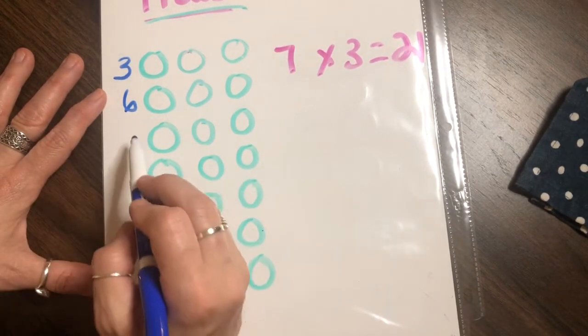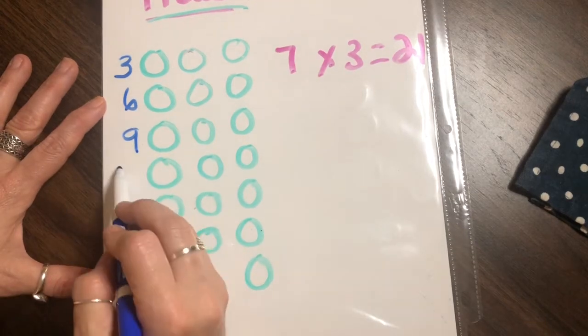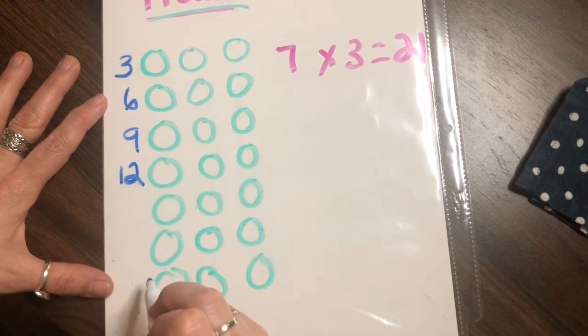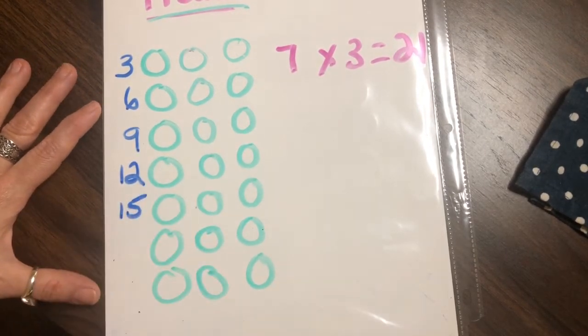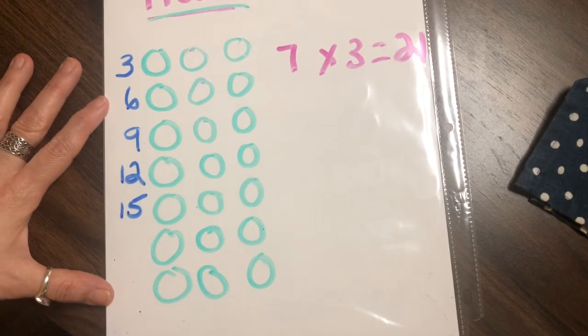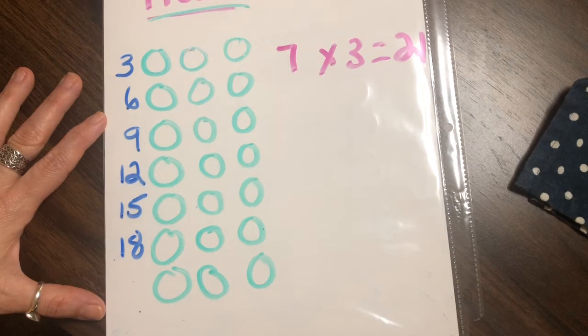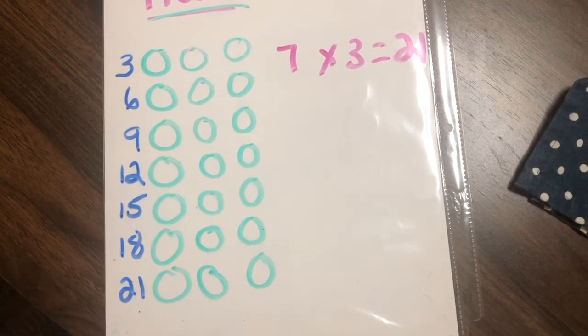Shout it out. 3 more. 3 more. 3 more. 3 more. 7 rows of 3 columns.